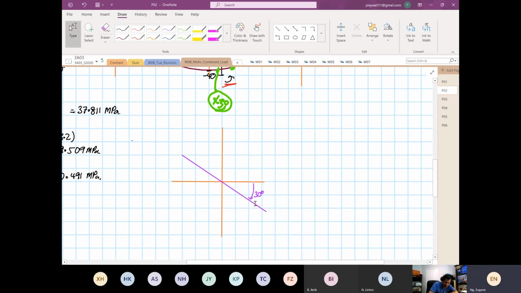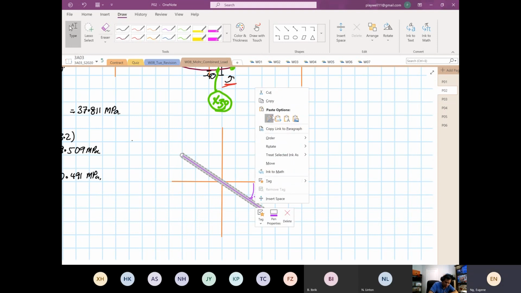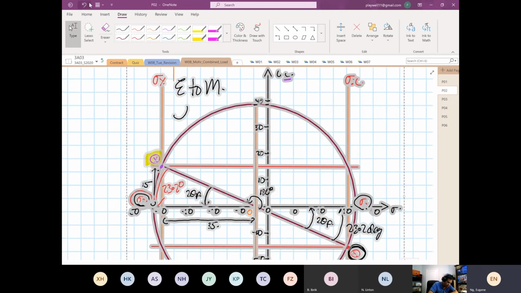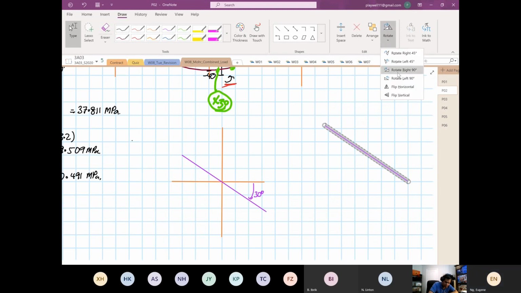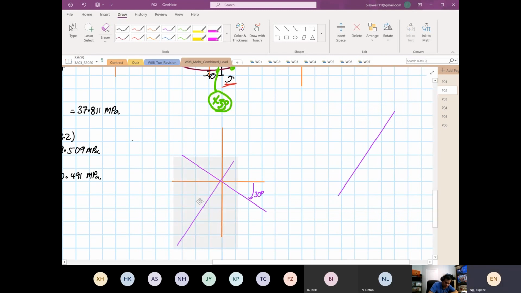And then I'm going to copy this. Wrong thing. Apologies. Right. Then we're going to draw an element based on this orientation. Okay, we're going to sketch the element out.